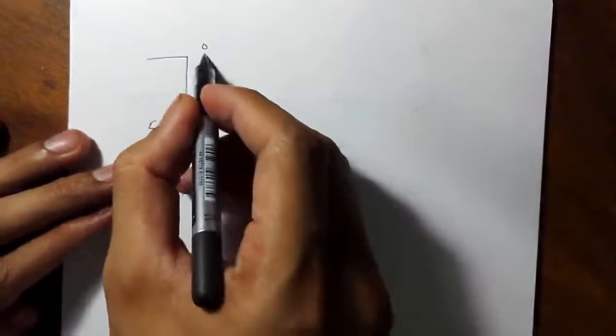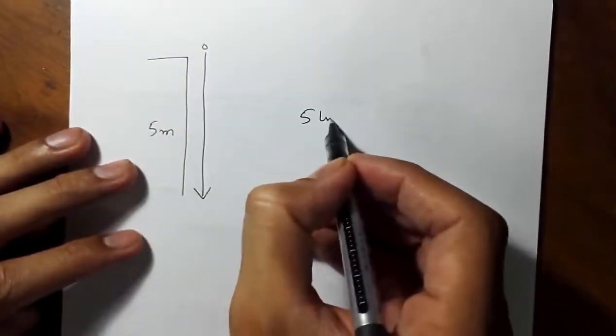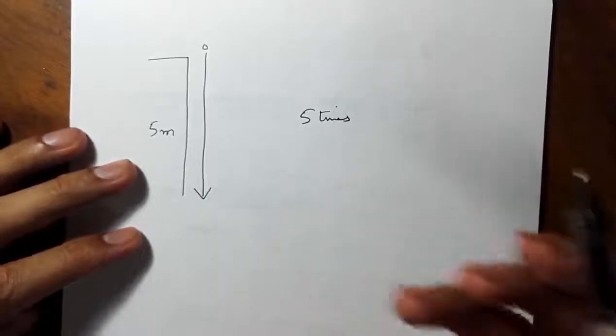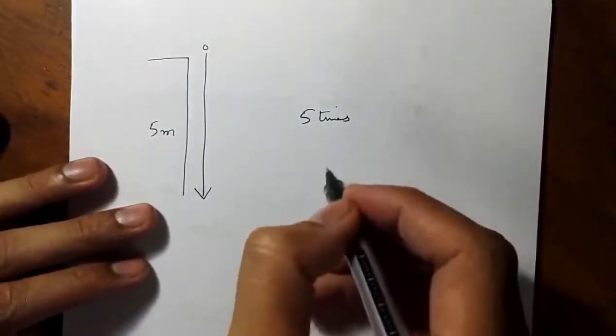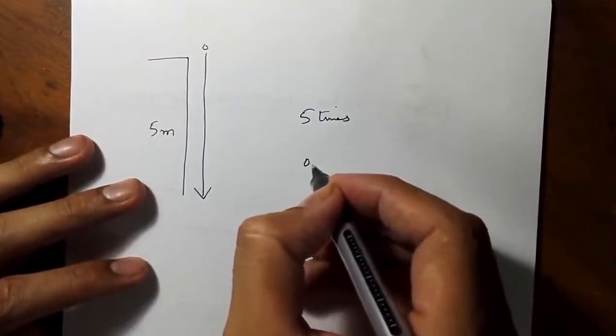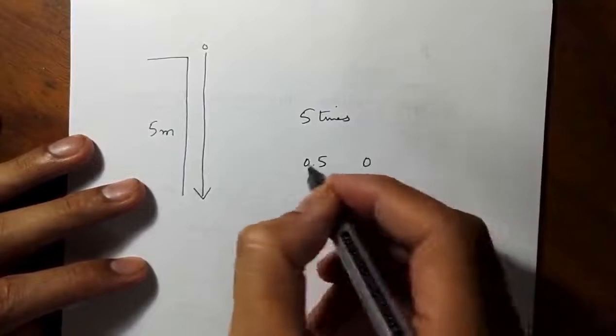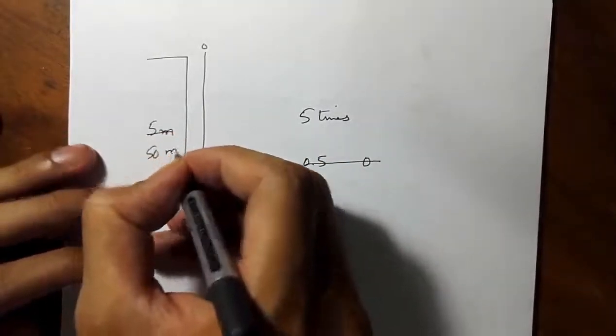You throw the object from this height 5 times and notice the time intervals. Let's make the height 50 meters instead.